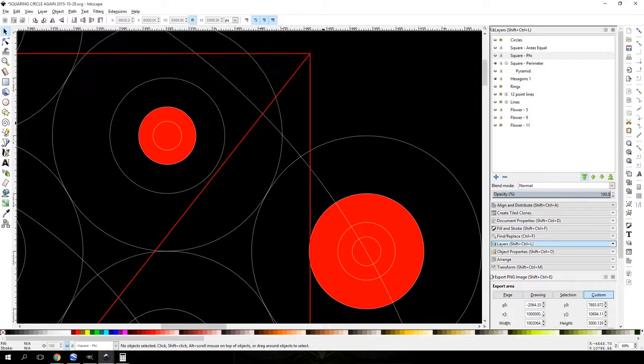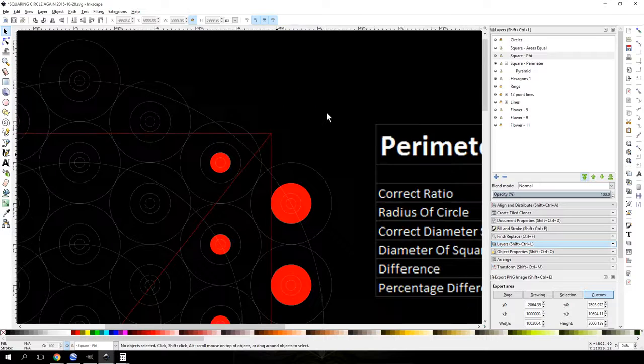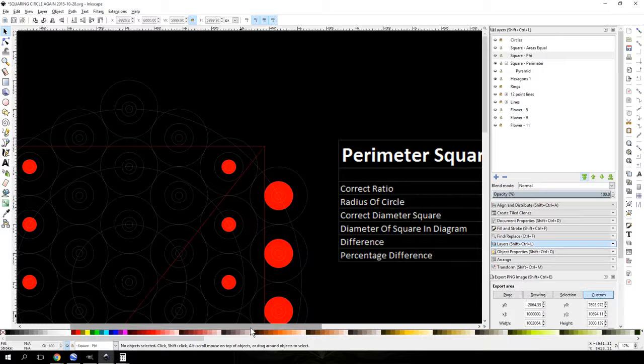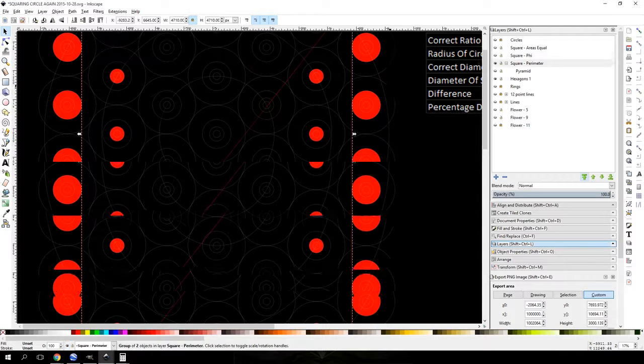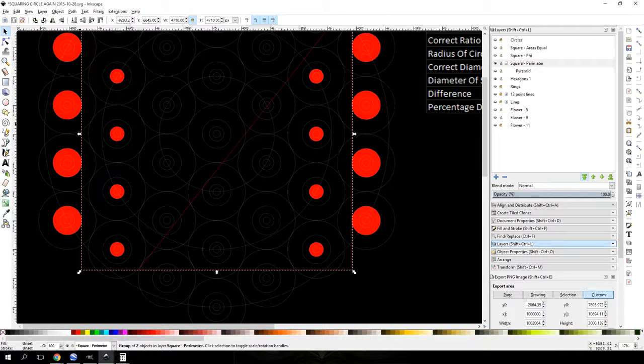Okay, so now what we're going to do is move this square to where this side of the square is just on the other side of these red ones, and then you're going to see how it all comes out, just to prove that it's correct.